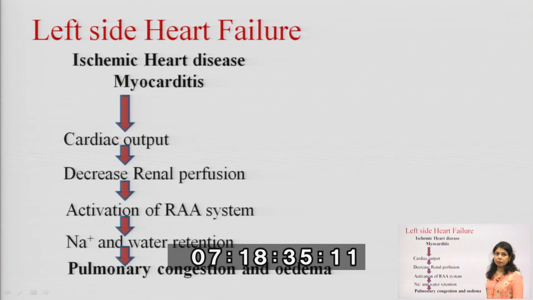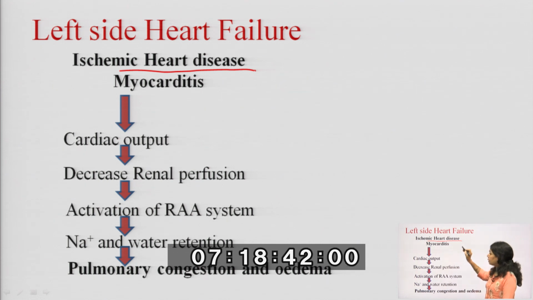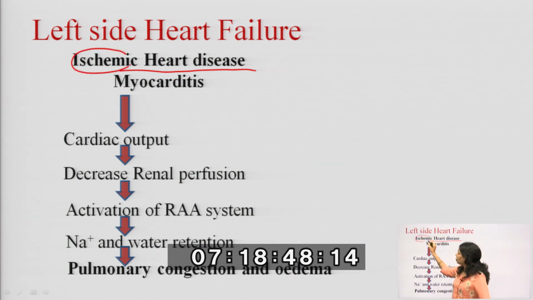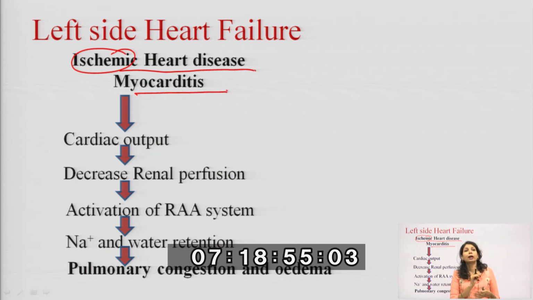Now, here it is explained how this left side heart failure takes place. The patient is suffering from ischemic heart disease, that is deficiency of the oxygen supply to the heart, or myocarditis, that is the inflammation of the myocardial layer.